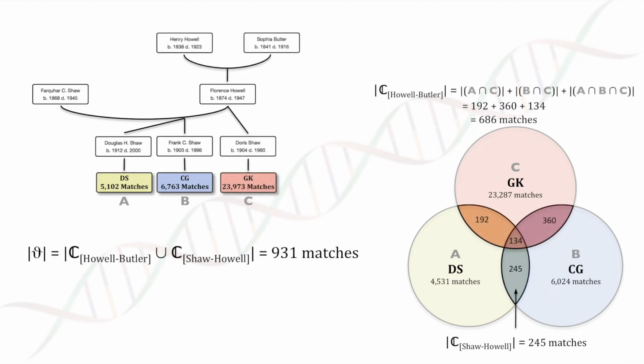Correlating GK's matches expands the analytic control set from 379 elements to 931, and partitions what was exclusively a collection of 379 Shaw-Howell matches into a set of 245 complex Shaw-Howell members, complemented by 686 complex Howell-Butler members.